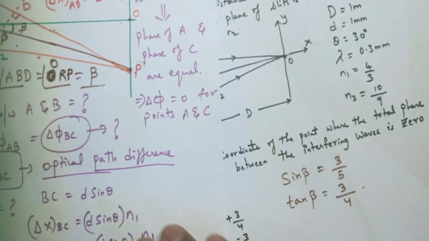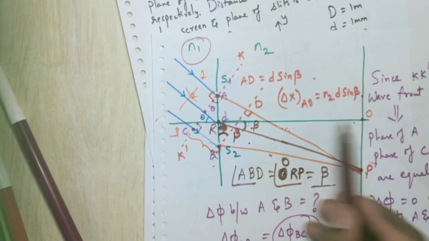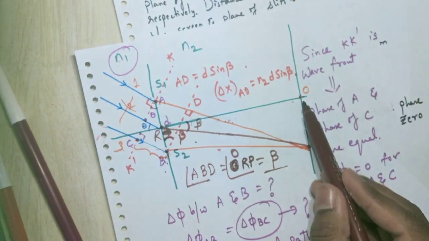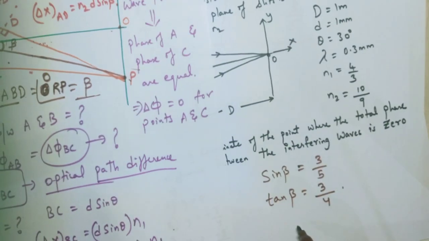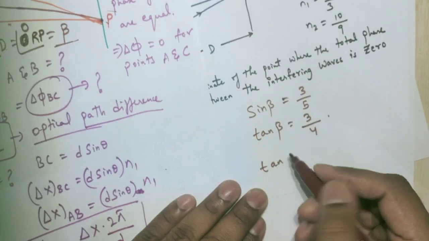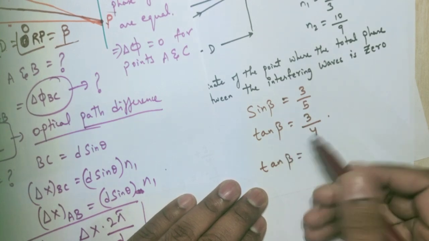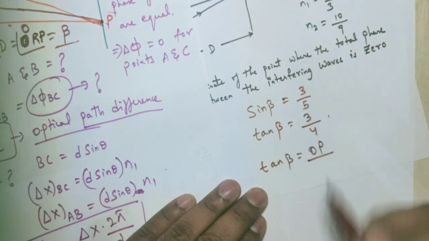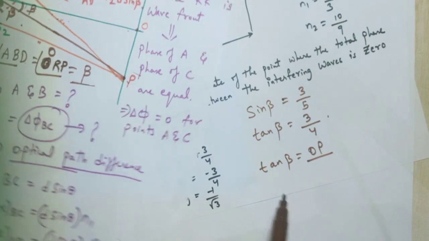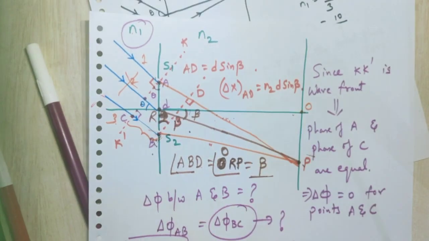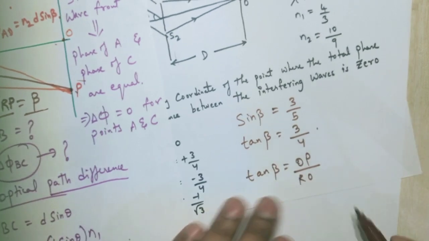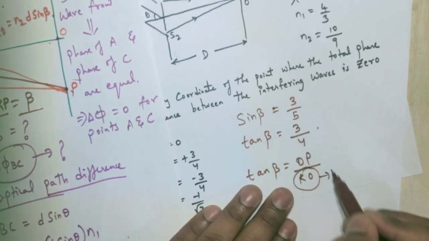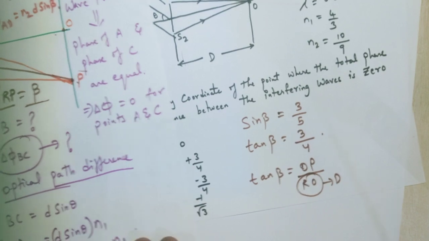So what is tan beta from this figure? Tan beta is opposite side by adjacent side. So tan beta, I can write as the opposite side, that is OP, divided by the adjacent side, that is RO. And we already know this is capital D distance because it is given in the question.